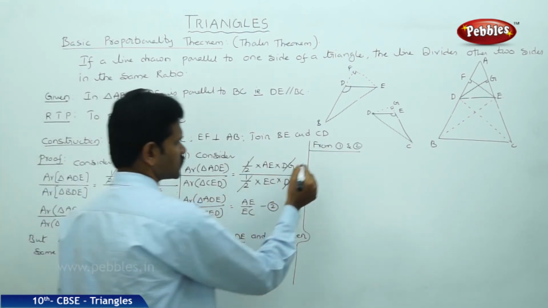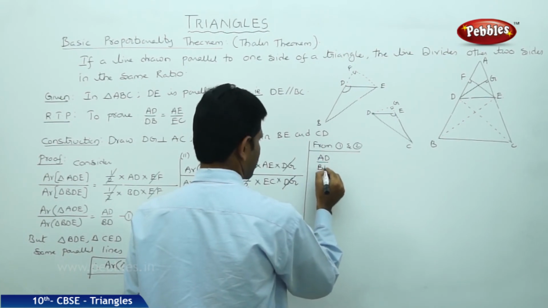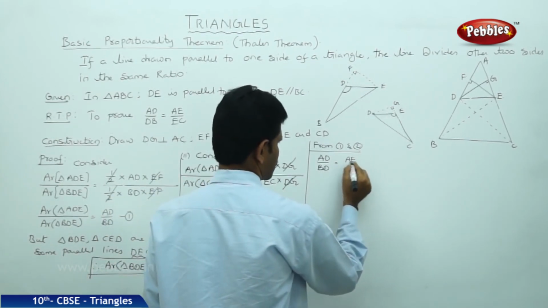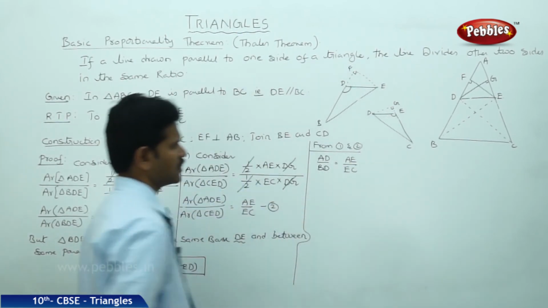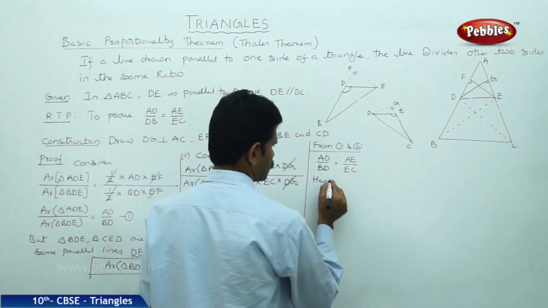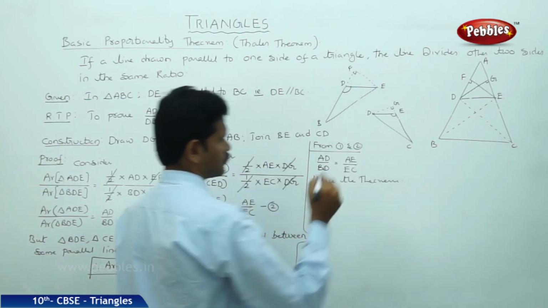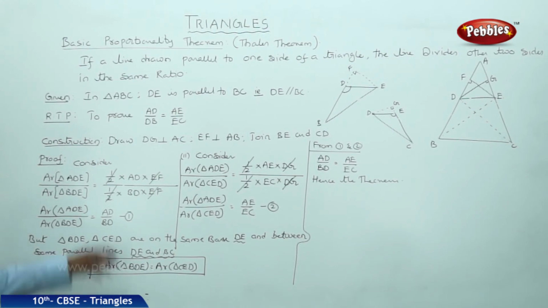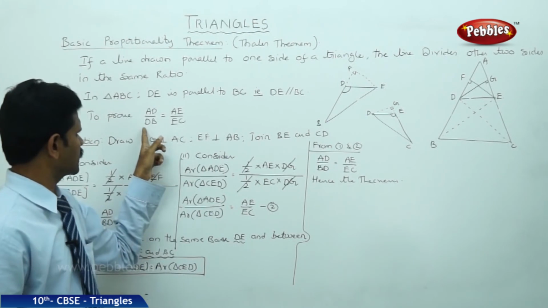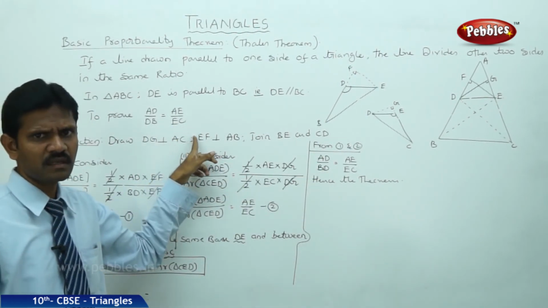Therefore, we conclude that AD by BD is equal to AE by EC. Hence the theorem. That is, what was required to prove: AD by DB is equal to AE by EC.